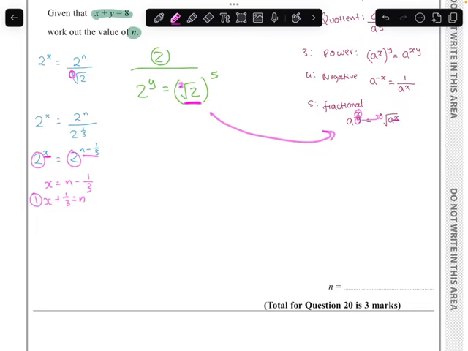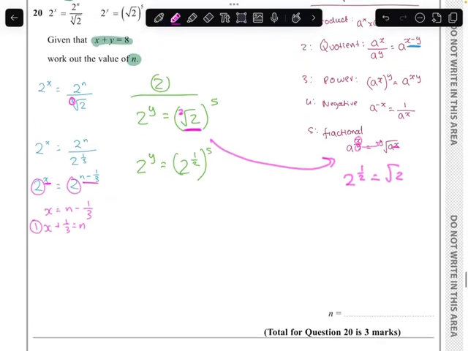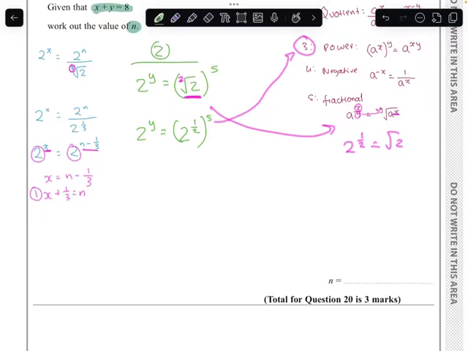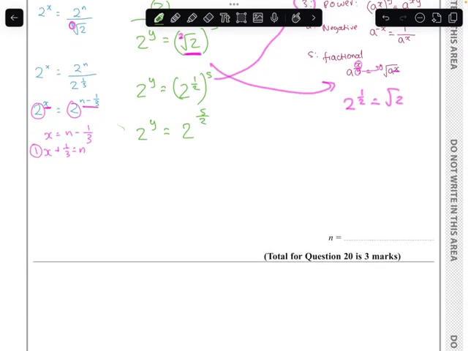So it would be 2 to the 1 over 2 equals root 2. So 2 to the y equals 2 to the half to the power of 5. And again, we can use rule number 3, our power rule. 2 to the y equals, we multiply the exponents, 2 to the 5 over 2. Again, we can just equate our exponents. So y equals 5 over 2.